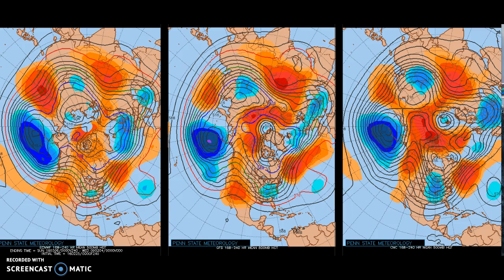We are going to watch this trough slowly move to the east, and as it does, we will probably see more significant storms move up the east coast. But for now, it's hard to find cold air in Canada that will really aid in terms of a significant early March.